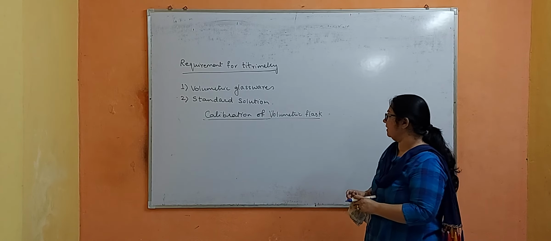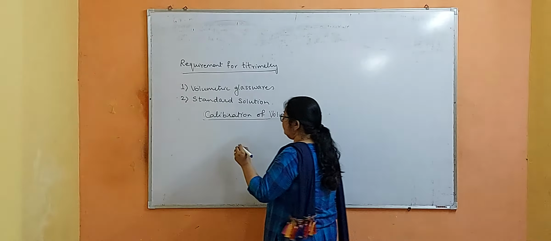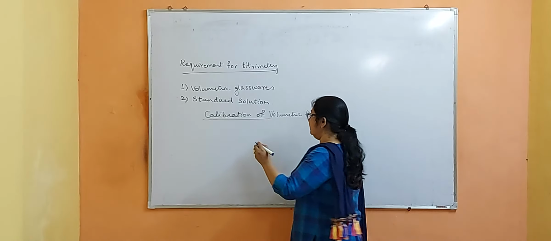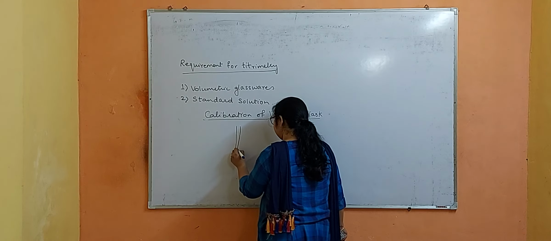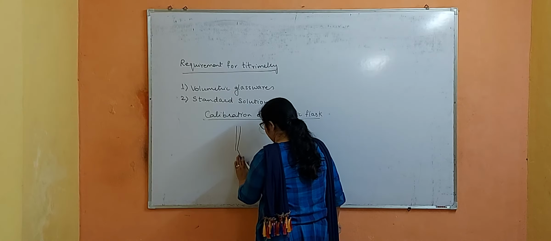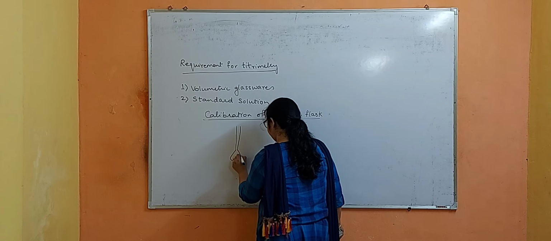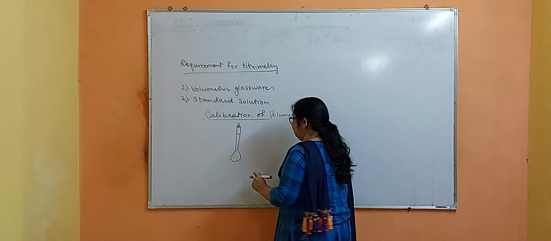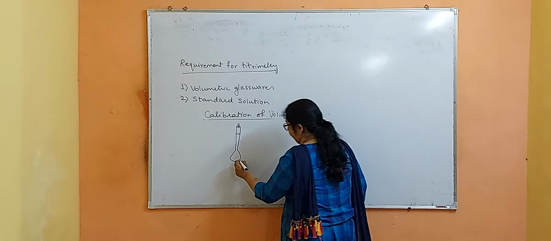First of all you should know what a volumetric flask is. It is a flat bottom flask having a narrow neck, and this neck is provided with an etched mark so that when you fill the glassware till the mark, a specified volume is filled here.